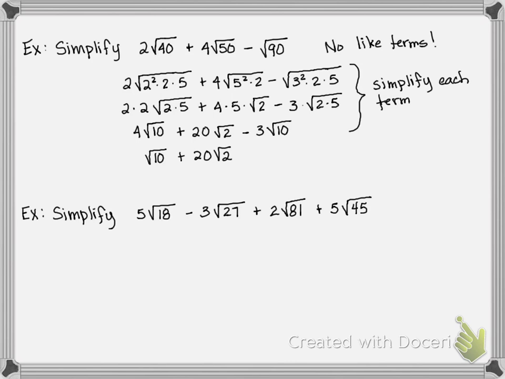Okay, so same idea here. We see that we have no like terms to combine, and so we're going to look at each term individually, and we'll start with prime factorization.